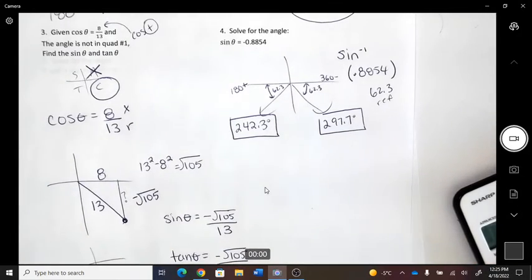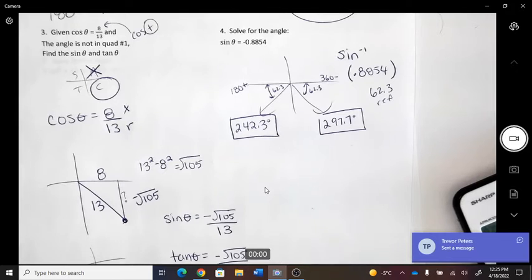Okay, so be careful on this test. Maybe I'll remind you when you're writing your test that a question like this would probably be worth 3 points. I'd say 1 point, did you get the quadrants and the reference, and did you get the answers?